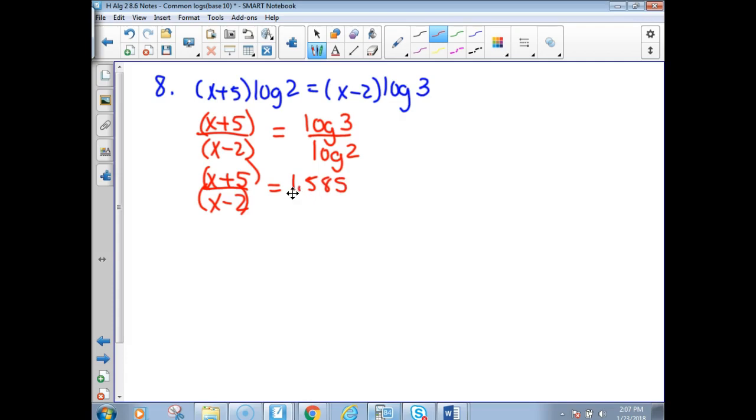Okay, now what could I do? Cross multiply, or you could just multiply. Basically, you're going to multiply across. Okay, so 1 times x plus 5 is equal to 1.585 times x, I'm distributing, please, minus 3.